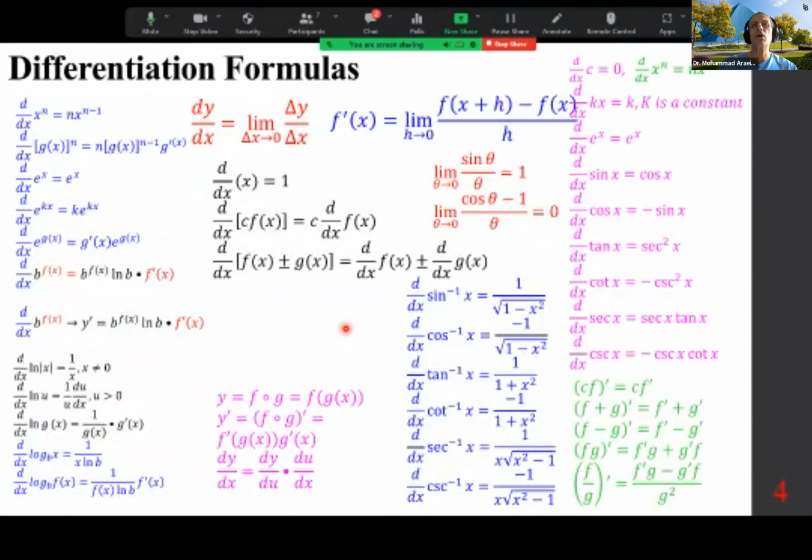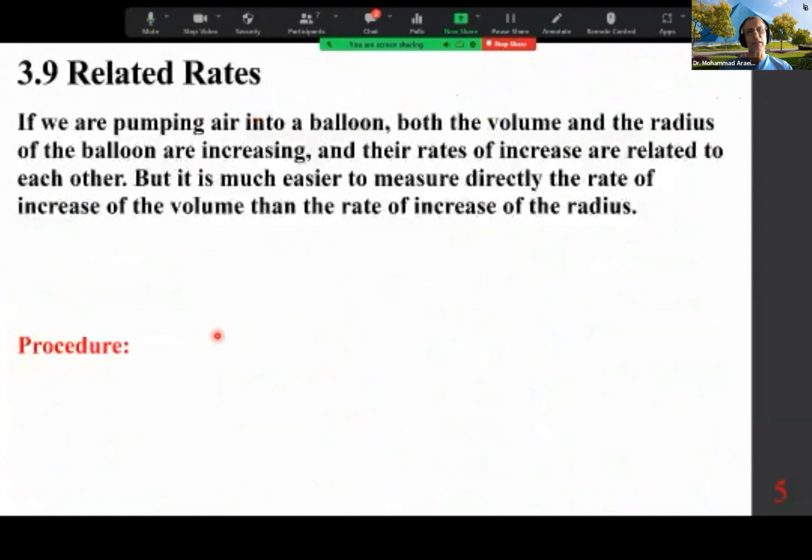Here's the synopsis of the differentiation formulas from the definition to basic differentiation involving exponential, sinusoidal, and log functions and the chain rule here. And then we go to inverse sine, the product rule here, the quotient rule, so on and so forth. And the definition of e that was discussed in the beginning.